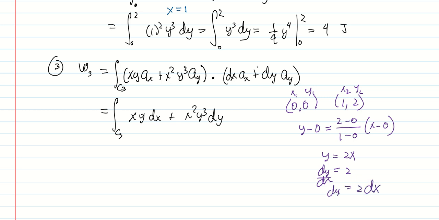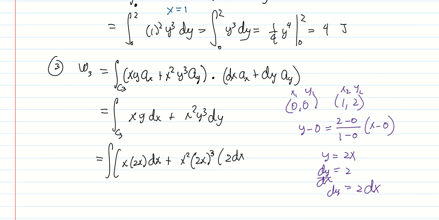So now we know dy, we know y, so we can substitute them here so that our equation will now be just in terms of x. So we have x, our y is 2x, so multiplied by 2x, then we have dx, plus x squared, multiplied by y, which is 2x, then you cube that. Then you multiply by dy, which is just 2 dx.